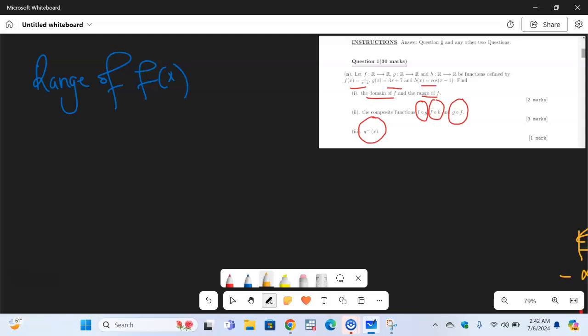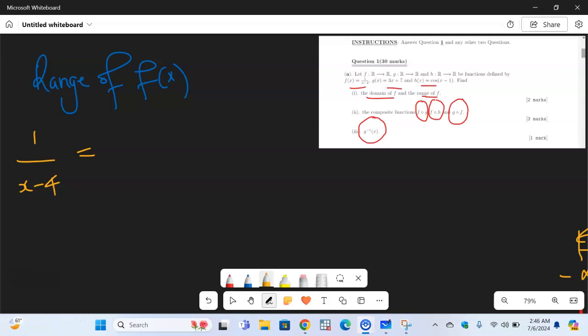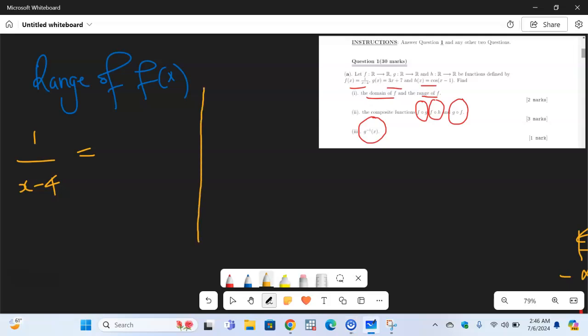You want to get the range of 1 over x minus 4. How do you draw this? When x is 1, what is y? Let me illustrate this in a graph. This is our y-axis, this is our x-axis.